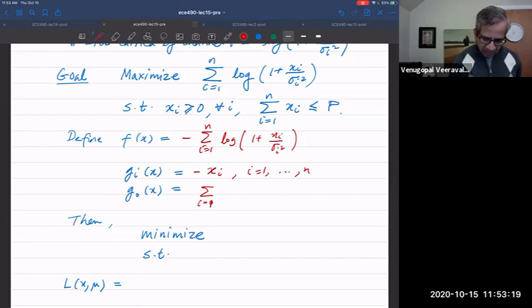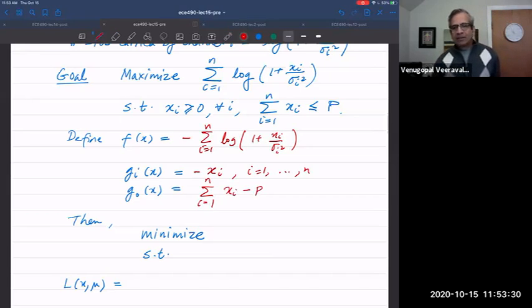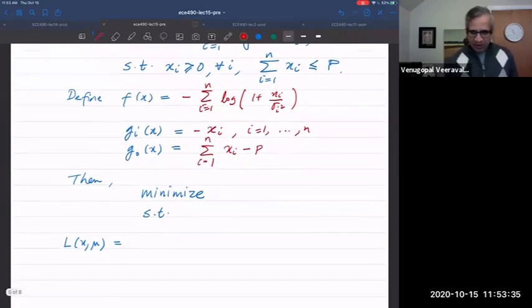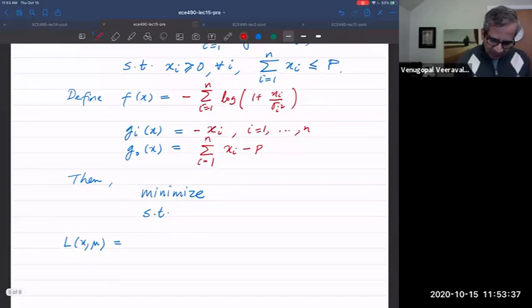G0 is the summation of xi minus P. So we end up with a minimization problem in the form that we are used to.